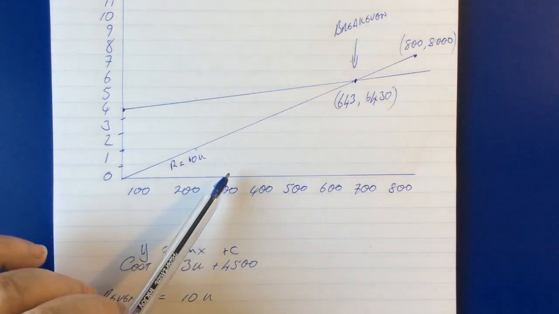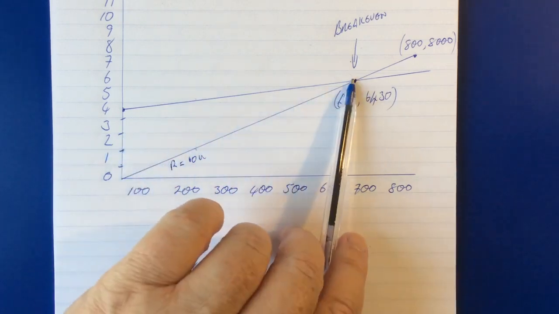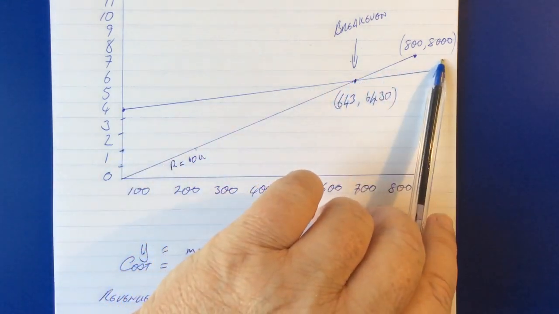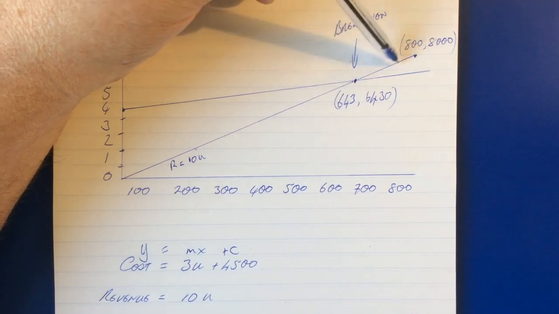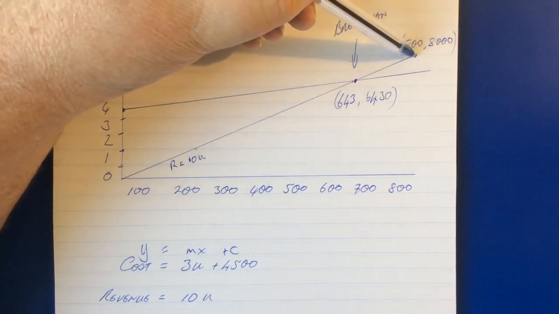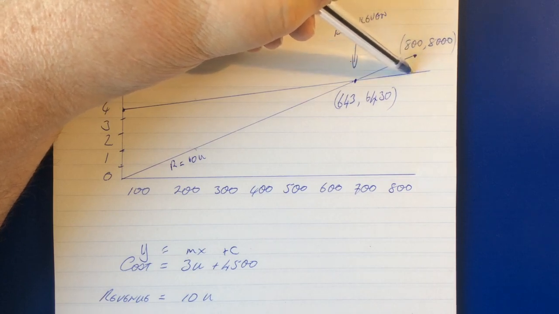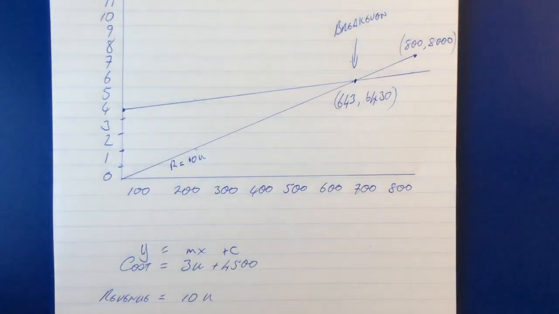What else can you say? This is a loss-making enterprise before this point. This is a profit-making enterprise after this point. And how you work out what the profits are is it's whatever y value you have here minus the y value here, which you can, if you want, turn into a single equation, but that's not our business here.